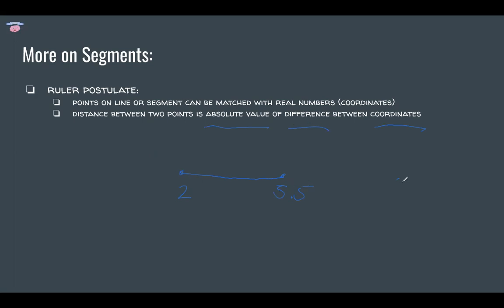The difference between them is 3.5, or negative 3.5 if you take it the other way, which is why we have the absolute value. And absolute value, as explained in our Algebra 2 and Pre-Calculus series, is the distance from a number to 0. So it's basically the positive value of that number. So this will always be 3.5.